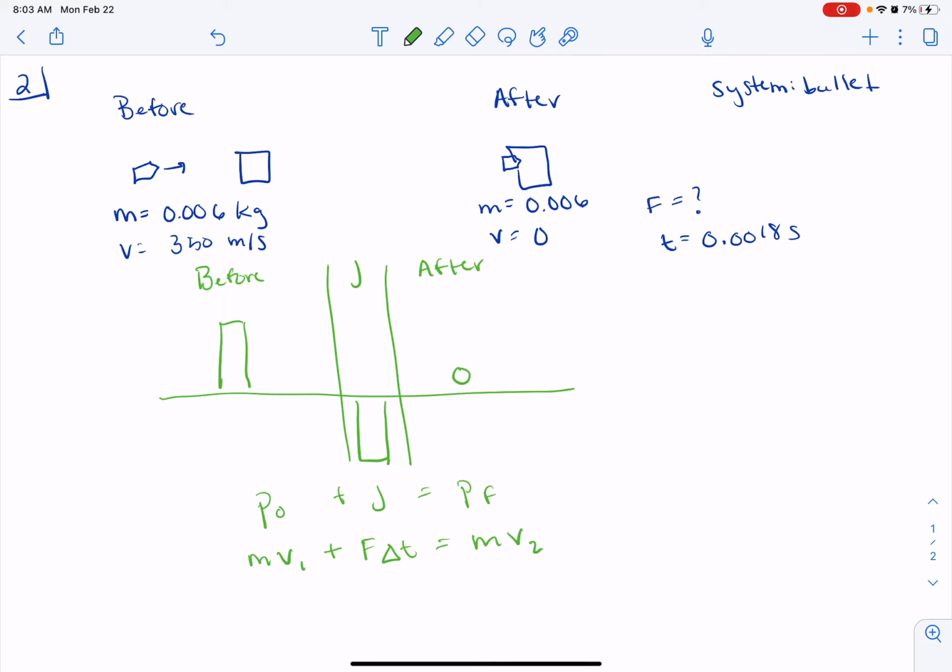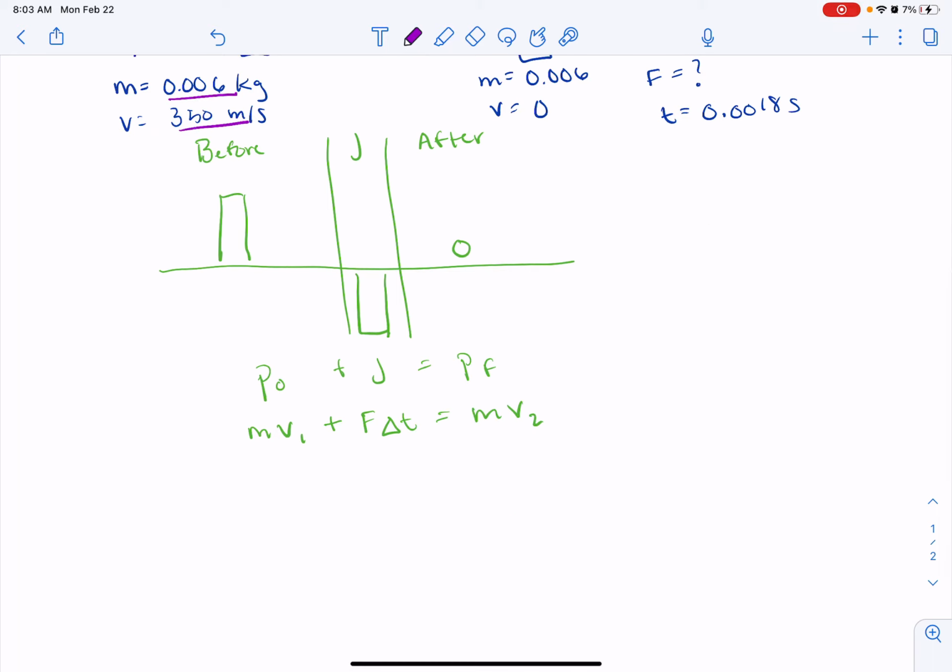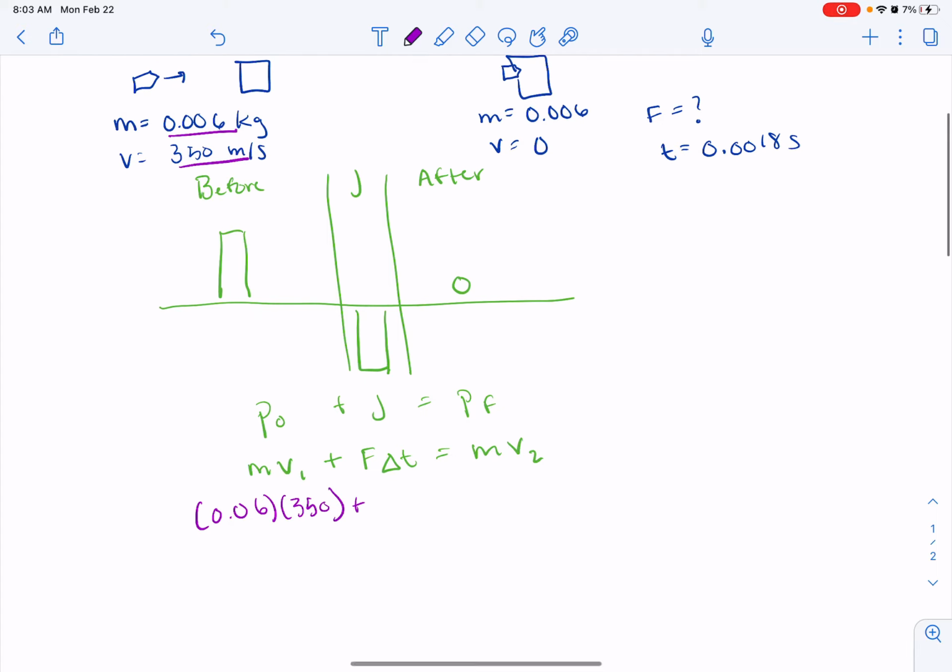Now we can start plugging in our numbers. We know our mass and our starting velocity, so I'm going to do 0.006 times 350 plus, I don't know my force, but I do know my time, so F times 0.0018 equals, our mass is 0.006, and our velocity is 0.